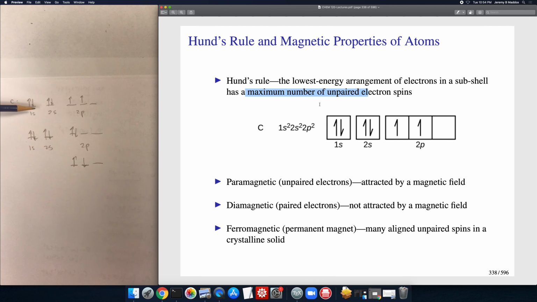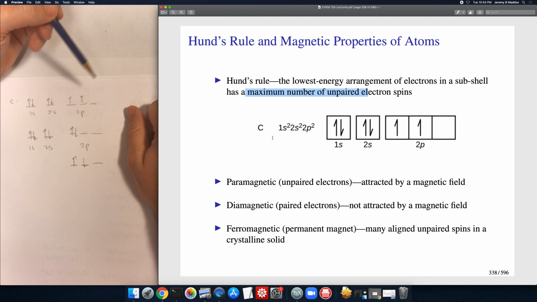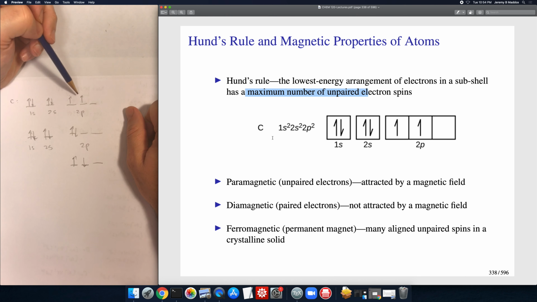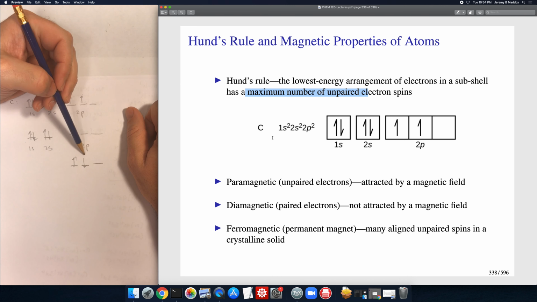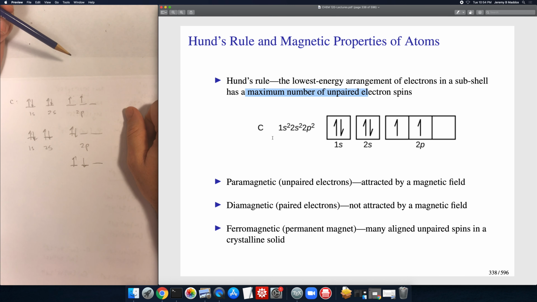So in these three states that I've shown you, and they are only a couple of the possibilities, the one that has the lowest energy is the one where you have the maximum number of unpaired electrons. So these two electrons are said to be unpaired. These electrons would be paired, and these are paired as well. One is up and one is down. Maximum number of unpaired electrons.